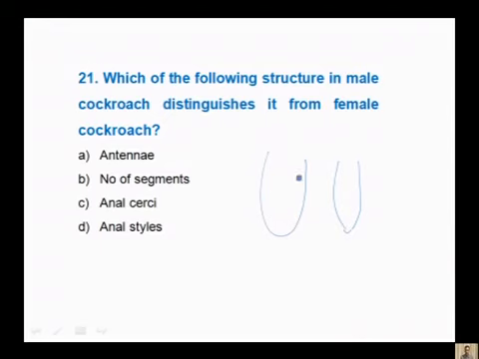Usually the abdomen of the female cockroach is comparatively broader than the male, and in the male cockroach there are two thread-like structures present at the posterior end to hold the female at the time of gametes transfer, called anal styles. Anal styles are present only in males, absent in females. All other organs like antenna, number of segments and anal cerci are present in both male and female.